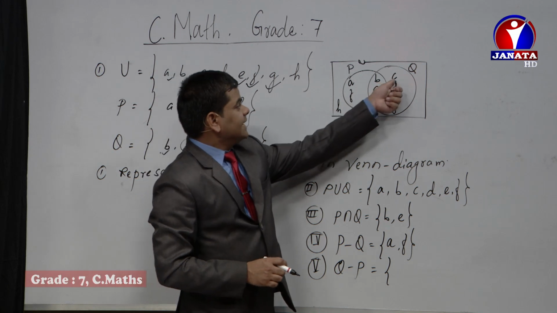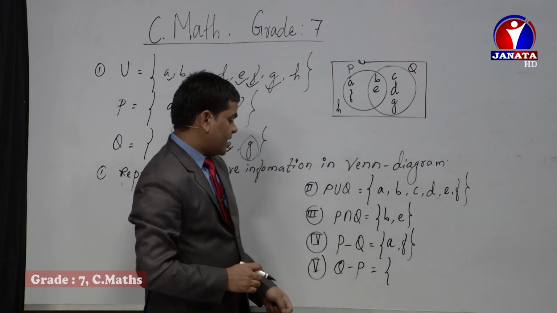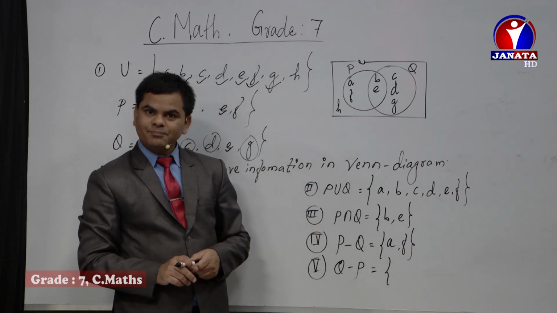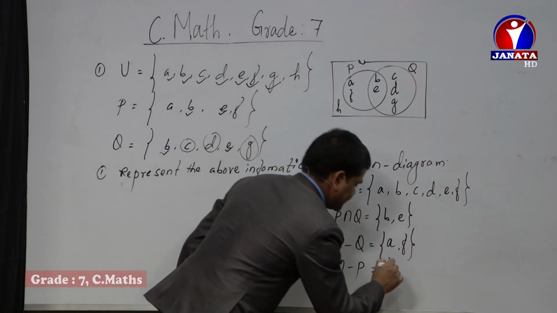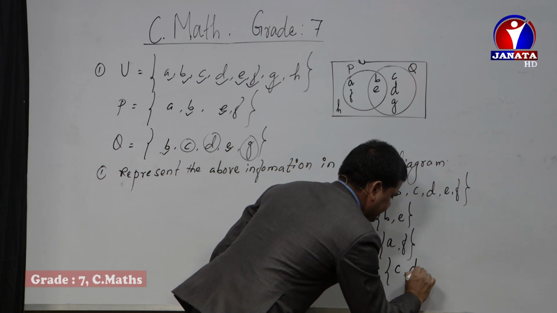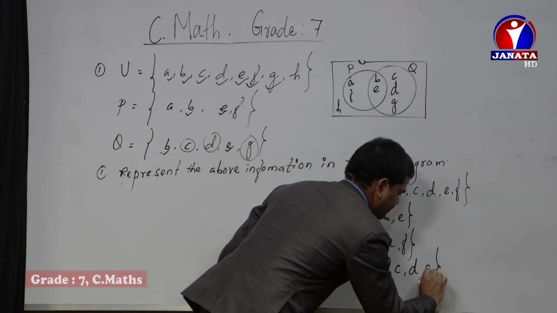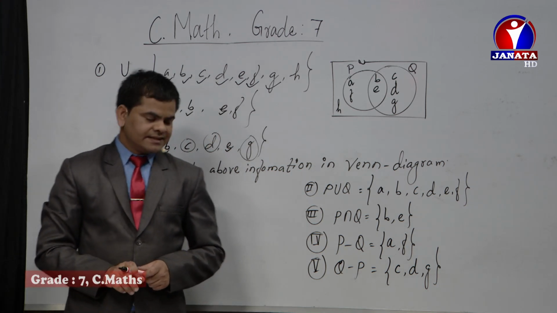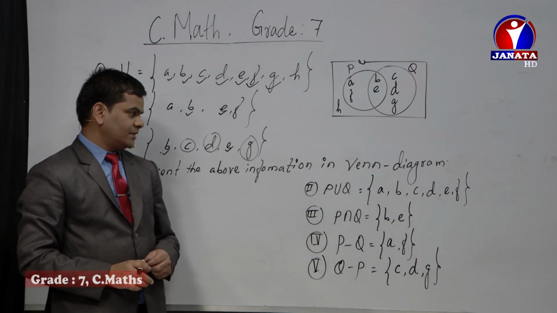If you see, then C, D and G are the elements to be included in Q difference P. So let's include here C, comma, D, comma, G, and close the elements with a curly bracket.